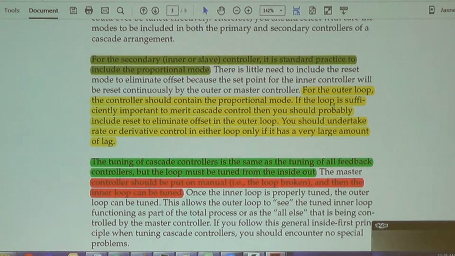The outer loop should contain proportional mode, and if the loop is sufficiently important, then you should probably include reset to eliminate offset in the outer loop.